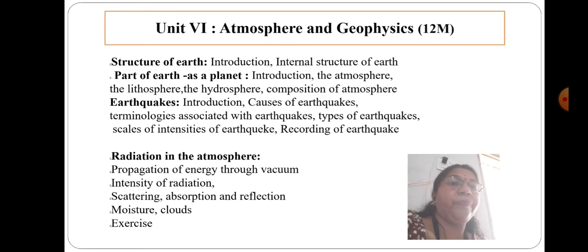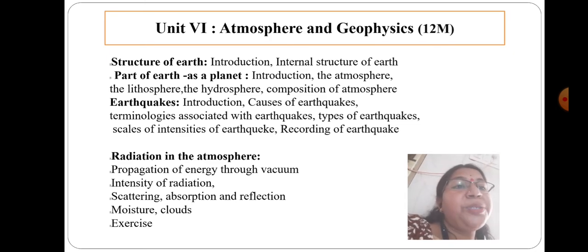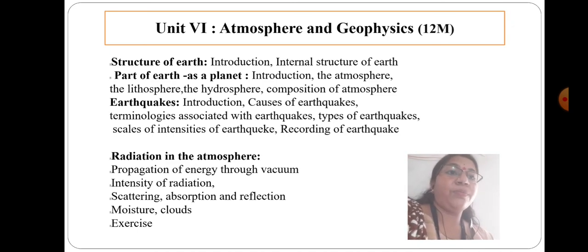Now radiation in the atmosphere, propagation of energy through vacuum, intensity of radiation, scattering, absorption and reflection, moisture, clouds and its questions. I feel this unit is very interesting, and you will also find it interesting, because it is fully related to the earth: how the earthquake occurs, what is the internal structure of earth, how earth acts as a planet, how radiation in the atmosphere spreads, how energy propagates through vacuum, intensity of radiation and all.